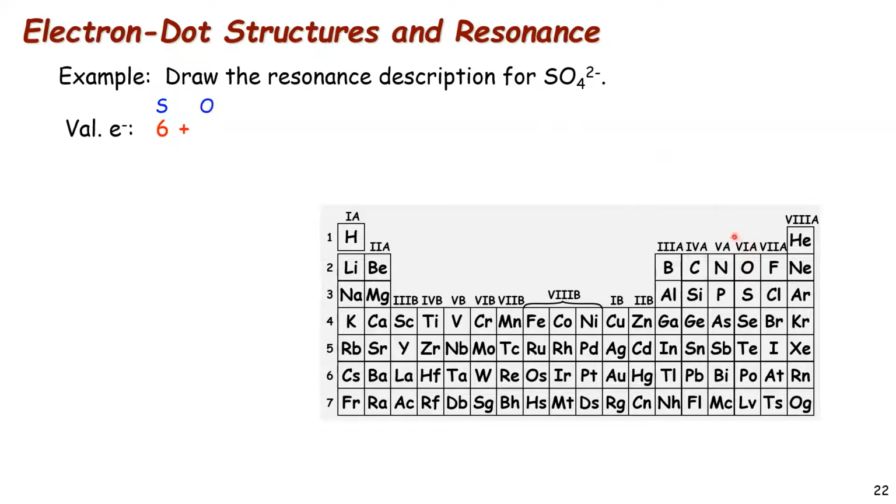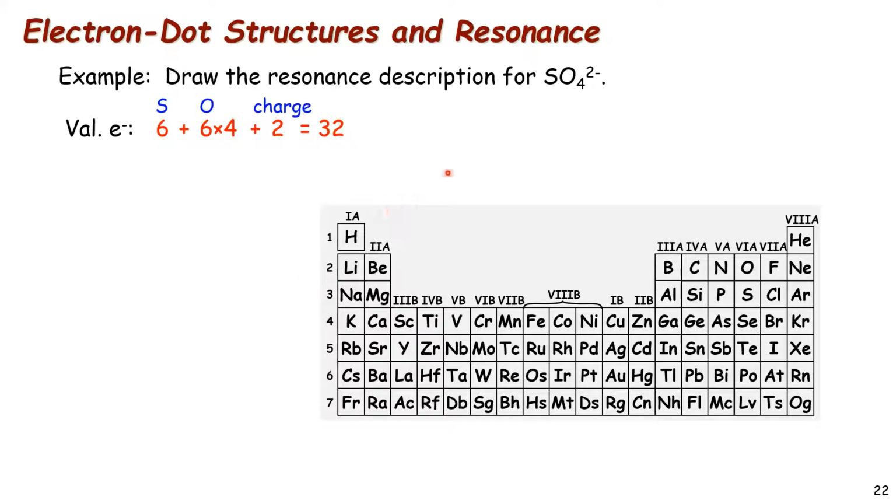Well, oxygen's also in group 6, so it's going to have 6 valence electrons, but there's 4 of them, so we're going to have to say times 4. We also got to deal with the charge. Now, in this case, it's a -2, which means we have 2 extra negatively charged electrons. So we're going to add 2 to this. So that's going to give us a total of 32 electrons that we need to deal with.